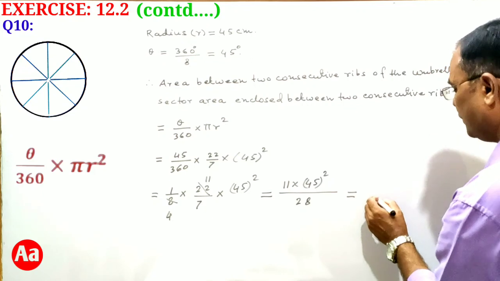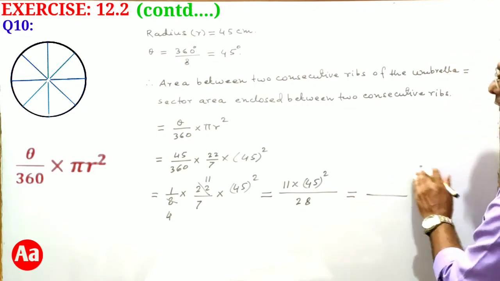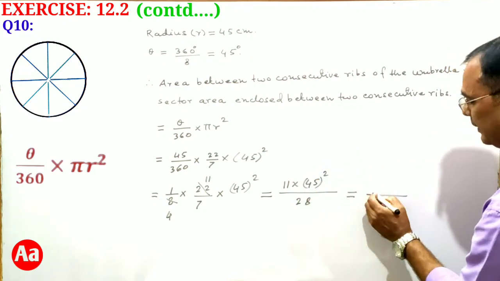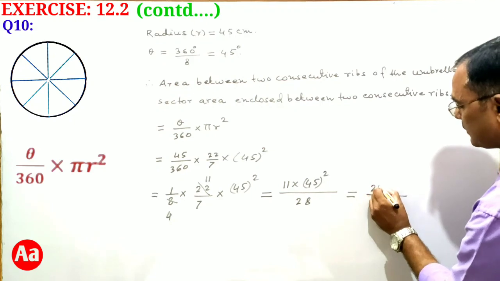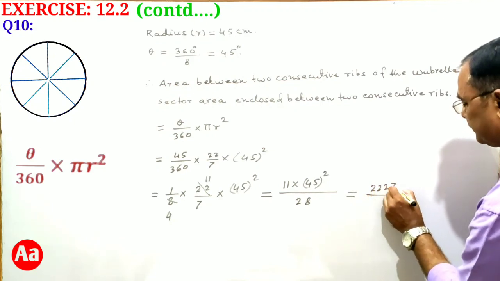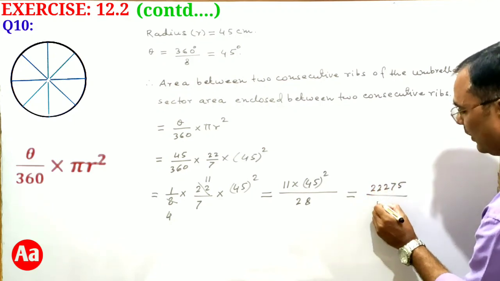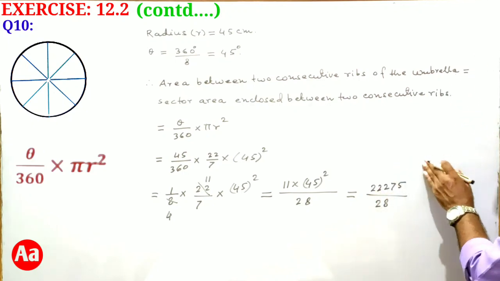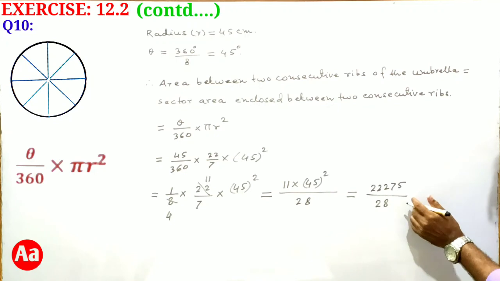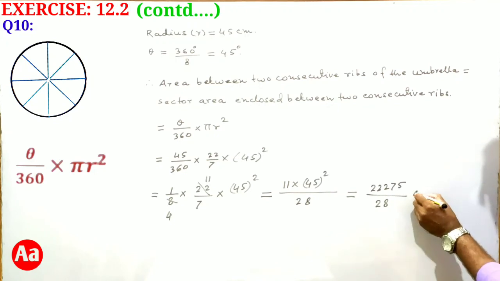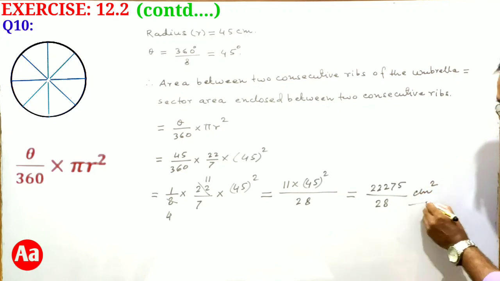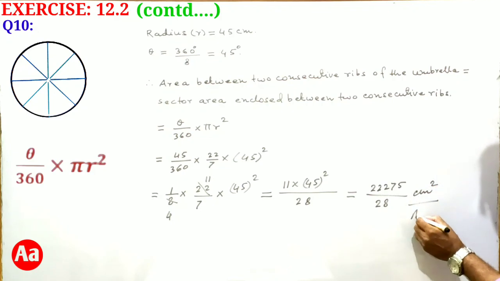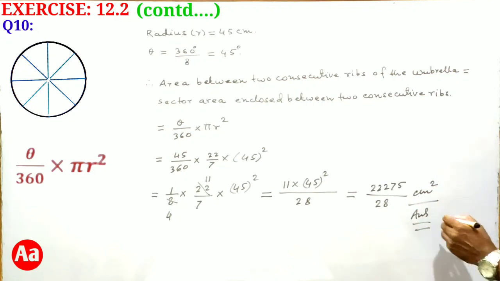And this is equal to, if you simplify 11 into 45 whole square, you will get 22,275 by 28 centimeter square, and this is the answer.